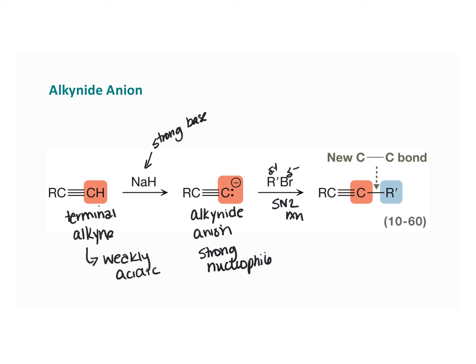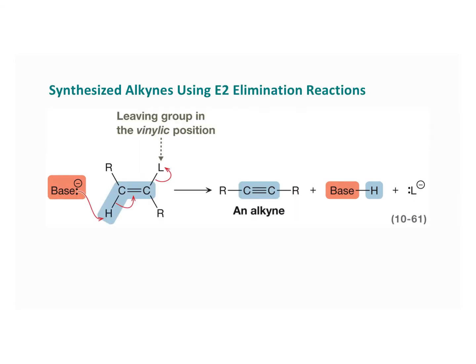Now, we are going to see in chapters 12 and 13, right when we come back from Christmas break and we enter organic 2, that this carbon triple bond can undergo functional group conversions to produce other types of compounds like alkenes, ketones, and aldehydes. And so for all of these reasons, it's important to be able to synthesize alkynes. So very, very useful in synthesis.